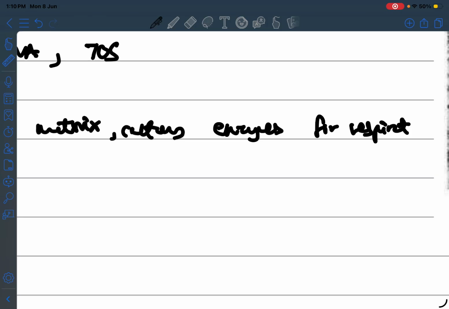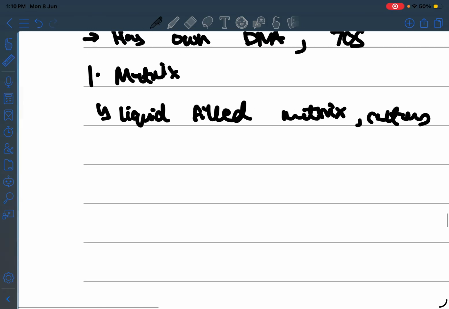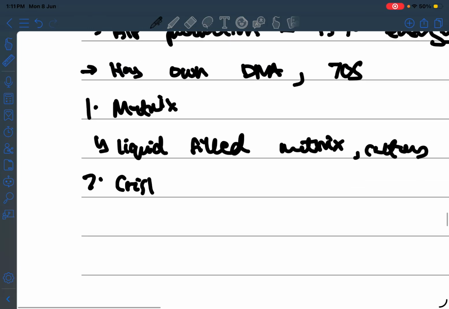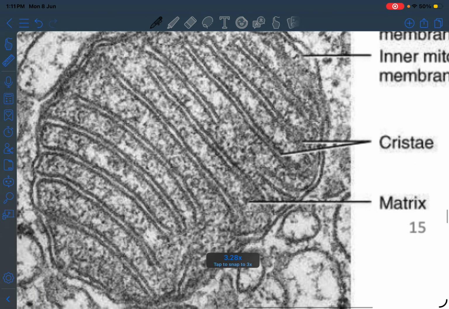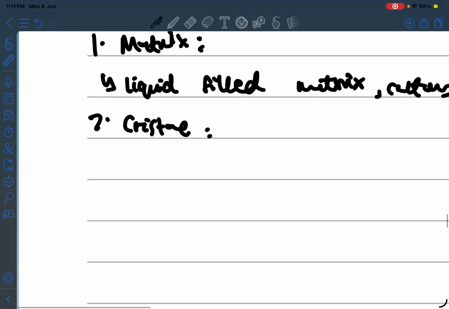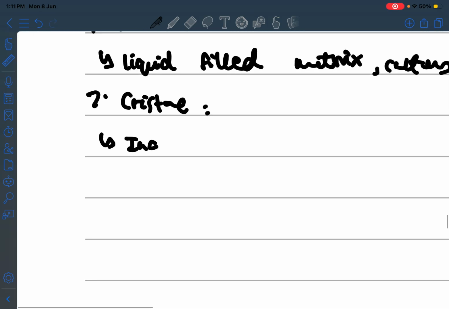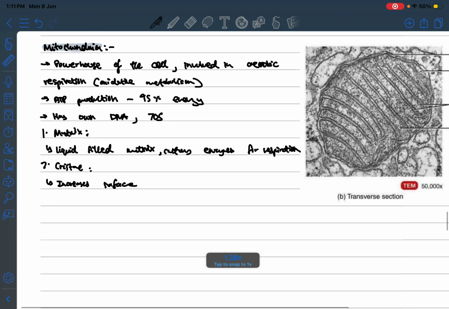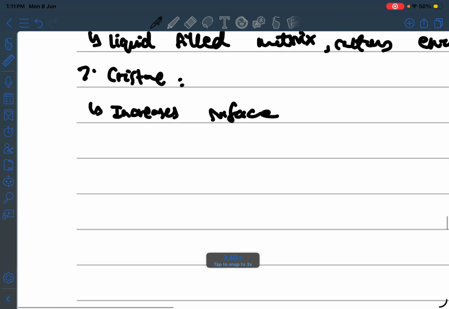So really important, obviously. And then the cristae, which is the other thing. It's these things on top. This is a cristae, this is a cristae. So these are involved in increasing the surface area. And then finally we have the membrane, the double membrane.